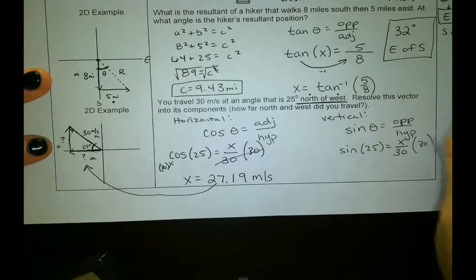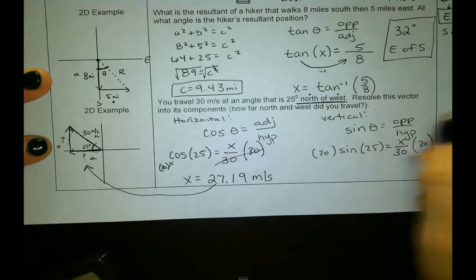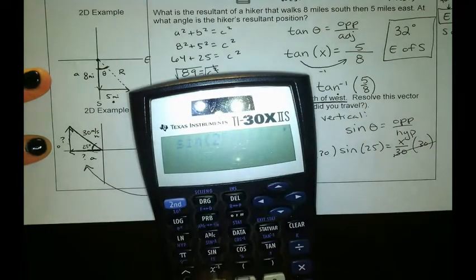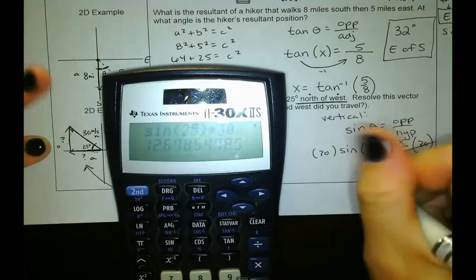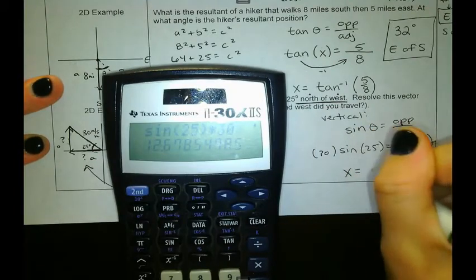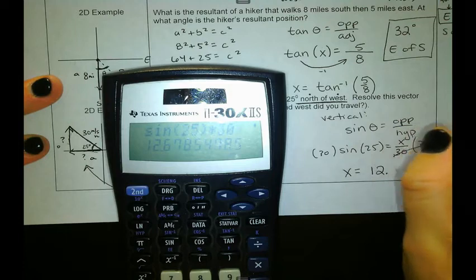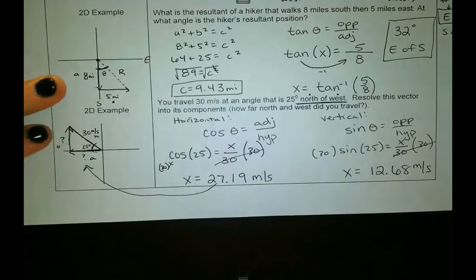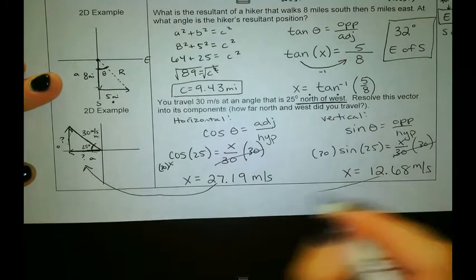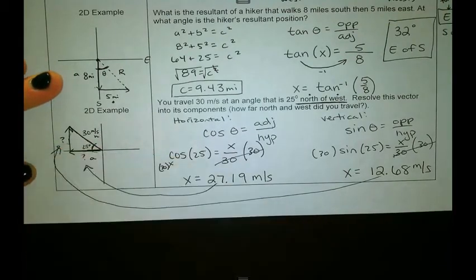Times both sides by 30, so I get sine of 25 times 30. My x is equal to 12.68. It's going to be meters per second. So we're talking about that, and that is going with that one over there.